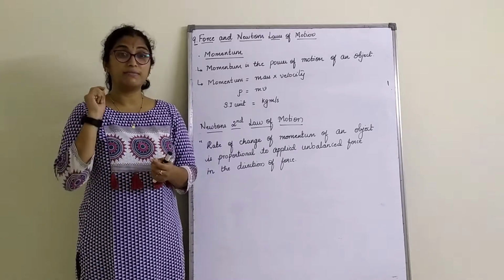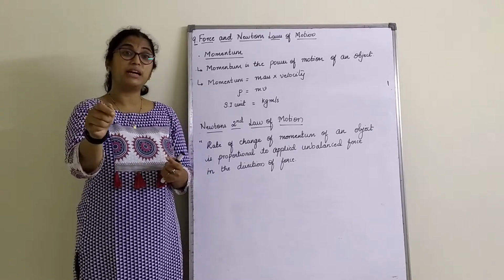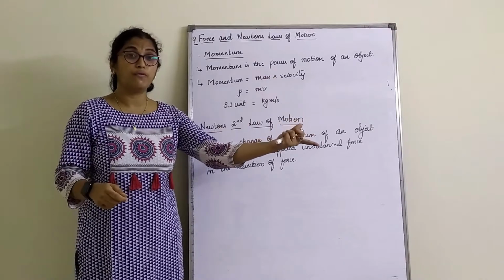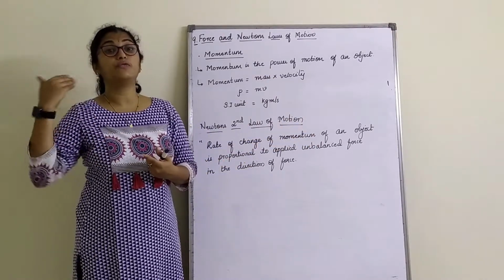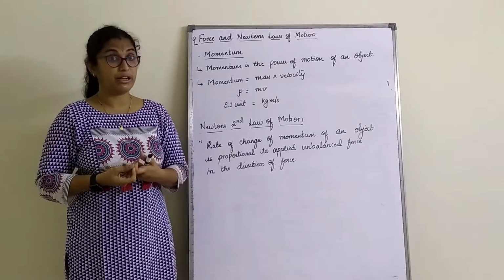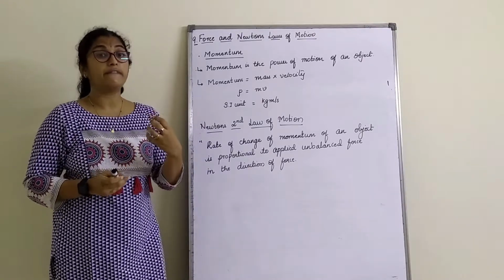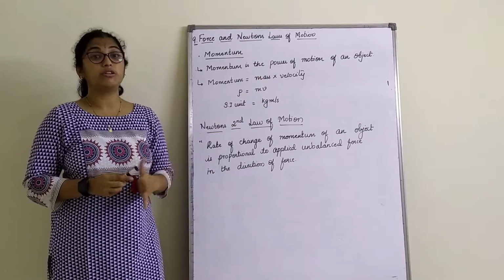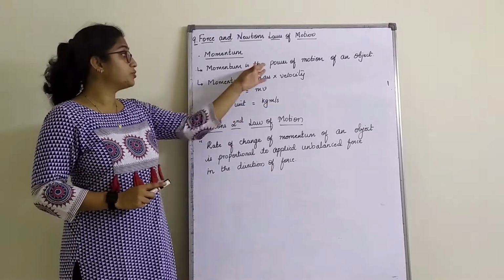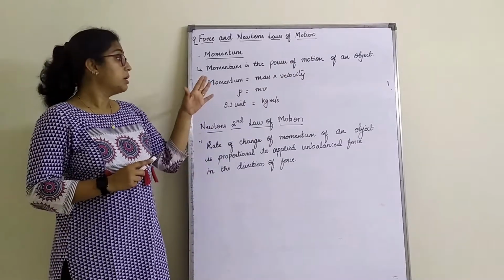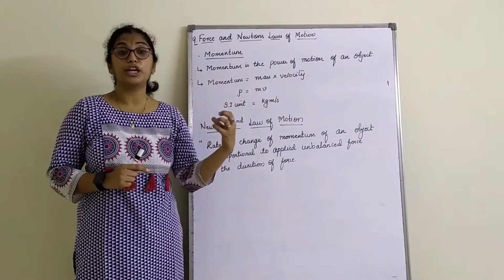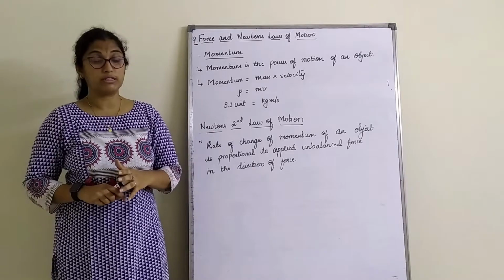Do you think the one throwing the bullet from the hand can pierce a log of wood? No, because we also need to know with what velocity it is traveling. Along with mass, velocity also plays a very important role in calculating the power of motion of an object. That is, momentum is nothing but the product of mass into velocity.